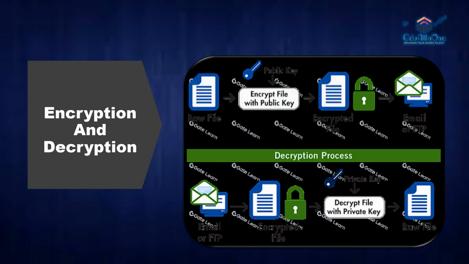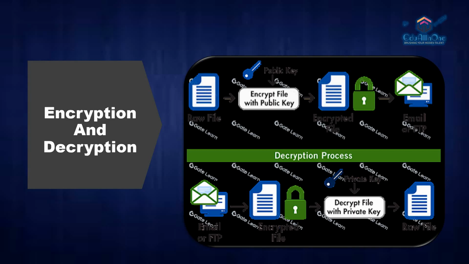Before continuing, let's first understand what encryption and decryption are. As the picture shows, there is one sender who is sending information. The file the sender wants to send is encrypted with a public key, and after encrypting with the public key, we get this encrypted file.